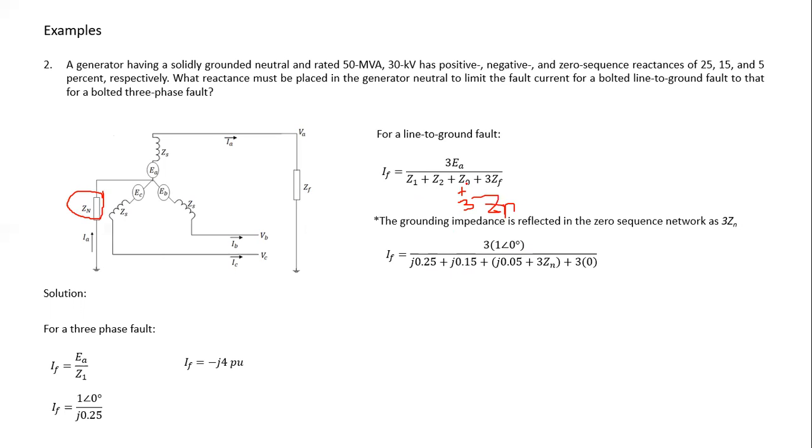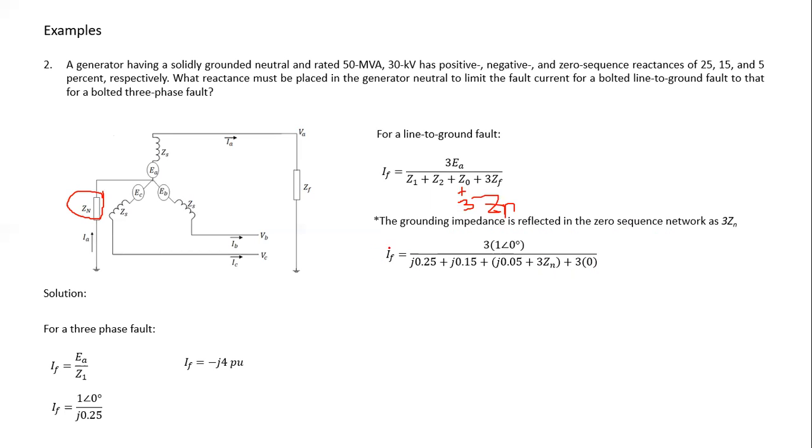For the zero sequence network, that is j 0.05 plus 3ZN.